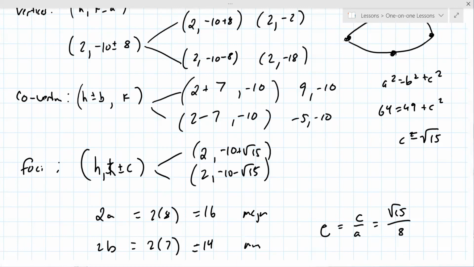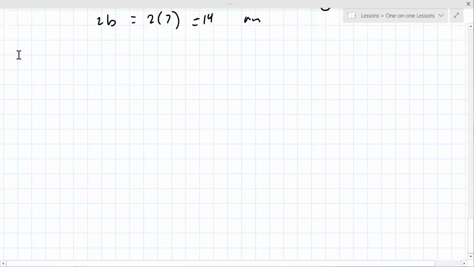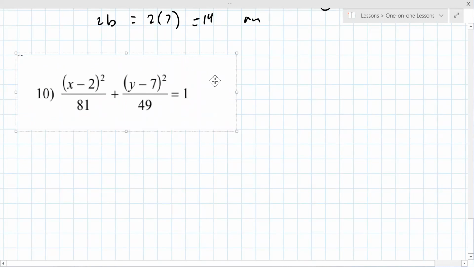Okay, so we can shortcut this a little bit depending on what you want to do. As far as doing this, you can see there's just a ton of information here. There's usually 5 things that you need when you look at this. You need H, K, and then you need A, B, and C. And then everything is just writing the formula. So H is 2, K is 7.